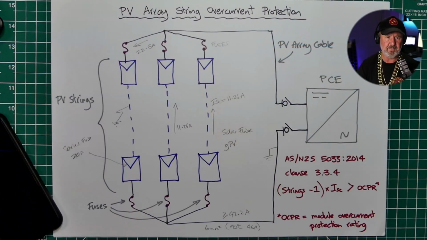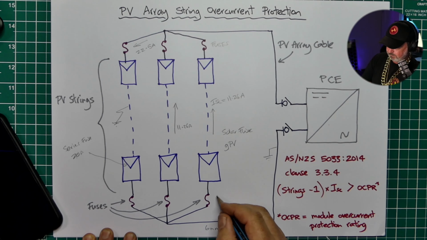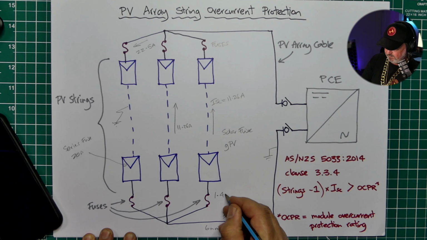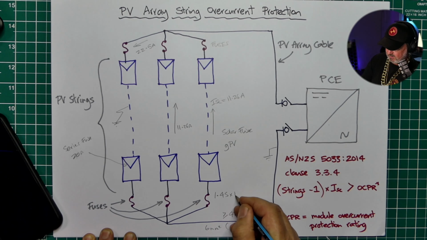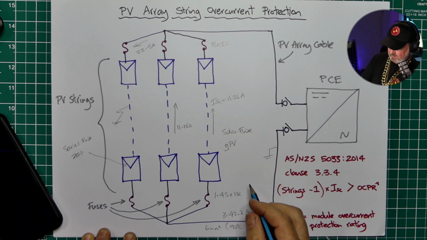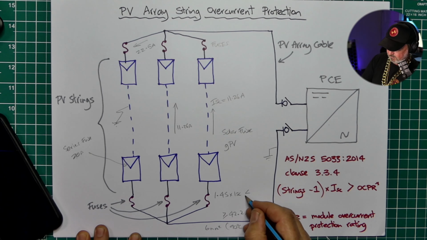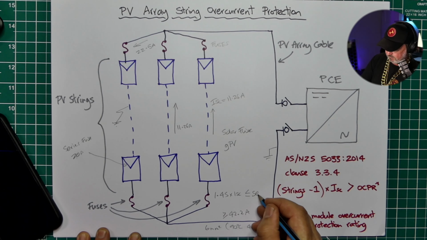So, going back to that explanation, I'll bring up the drawing one more time. What rating do we put for that fuse? It's got to be 1.45 times ISC, but less than or equal to the series fuse rating.